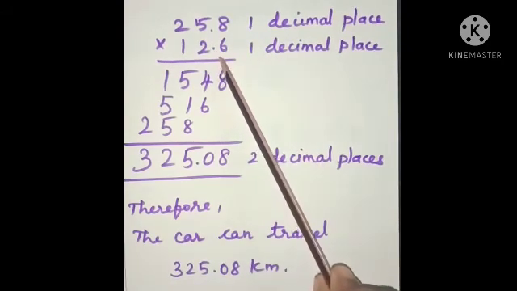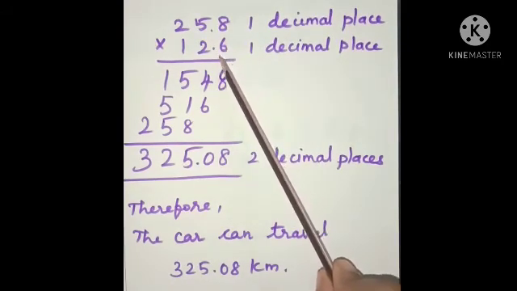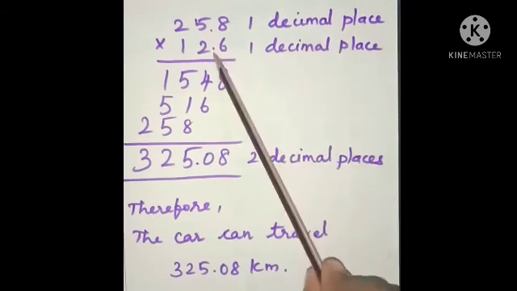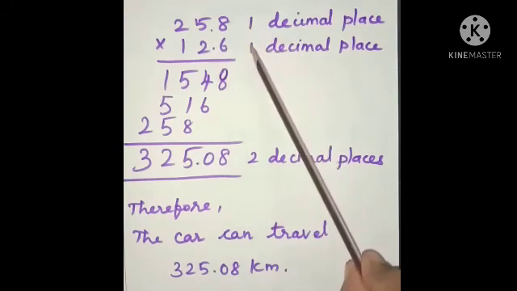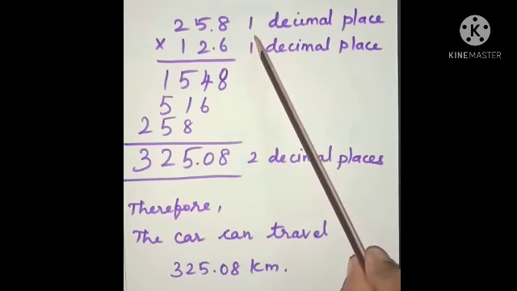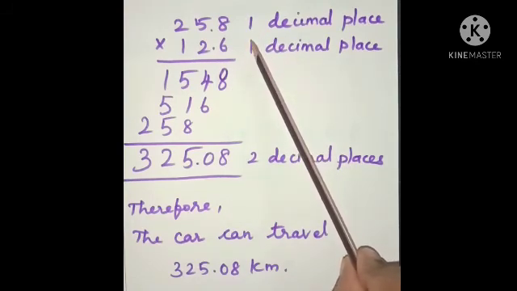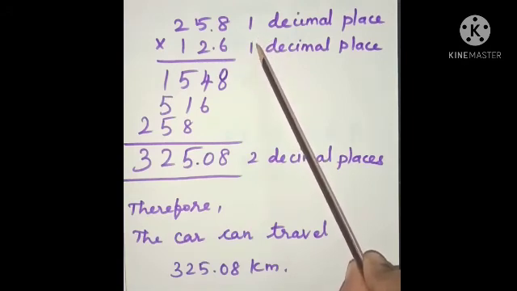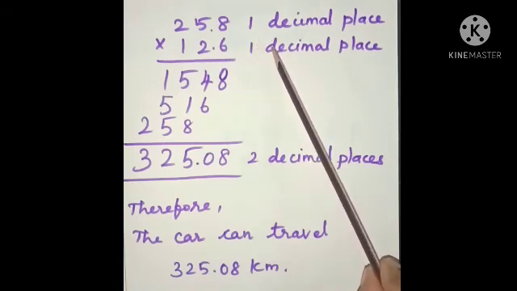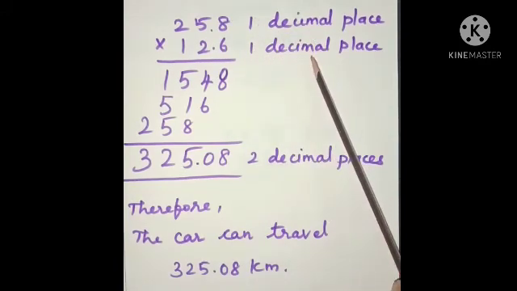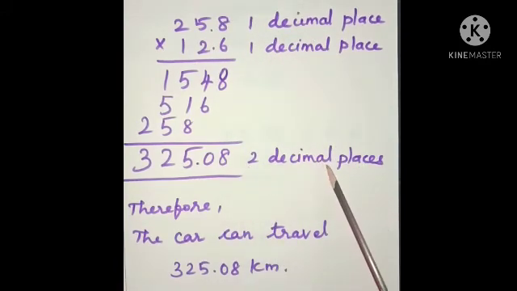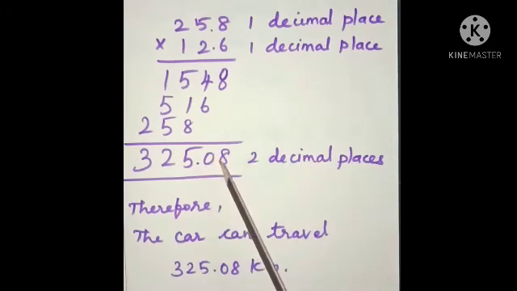And in the second decimal number, one decimal place. That is, one digit is there after the decimal point. So, in the product, there will be a decimal point before two digits because 1 plus 1 is 2. So, two decimal places will be present in the product.